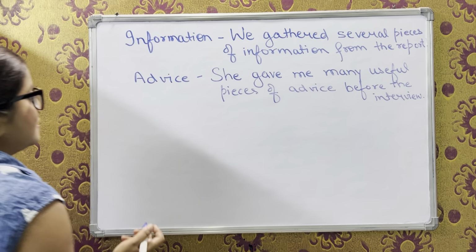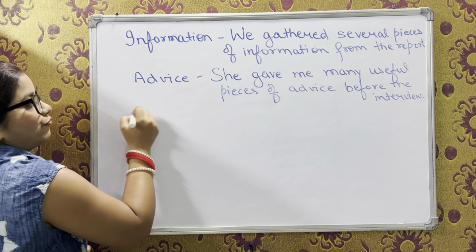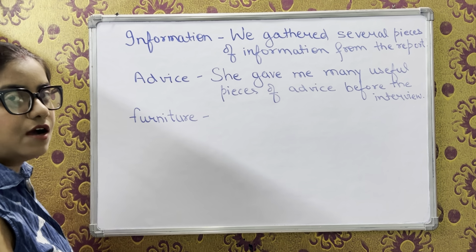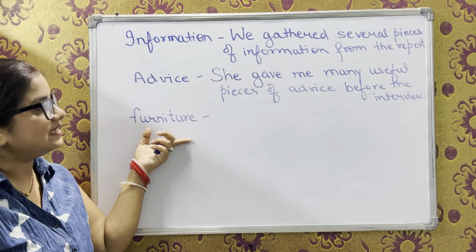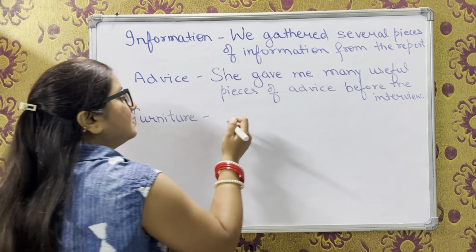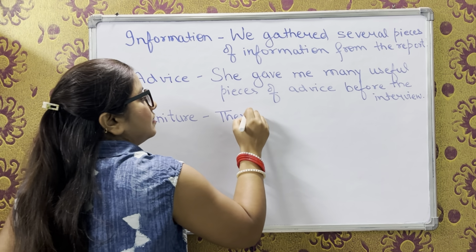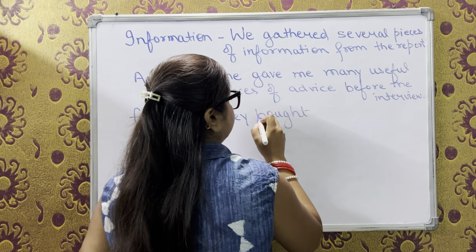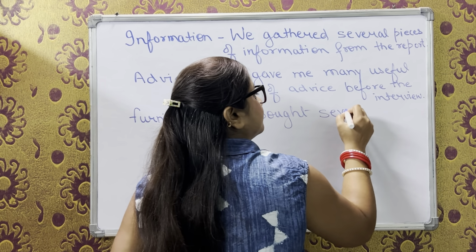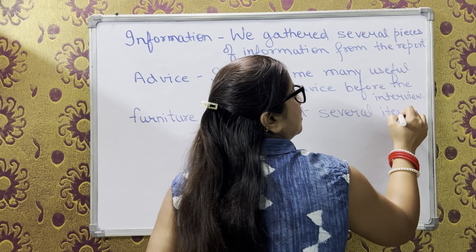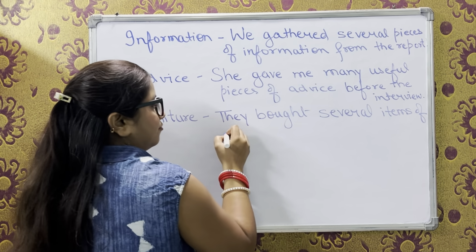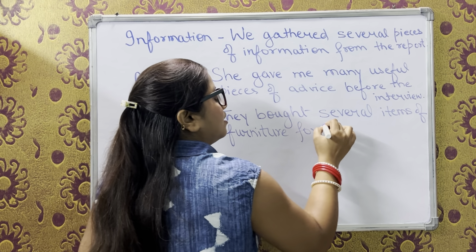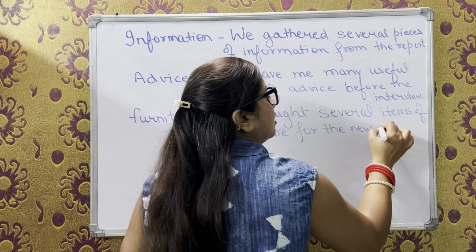The next word is furniture. Furniture is also an uncountable noun, and we can use it in a sentence like: they bought several items of furniture for the new apartment.